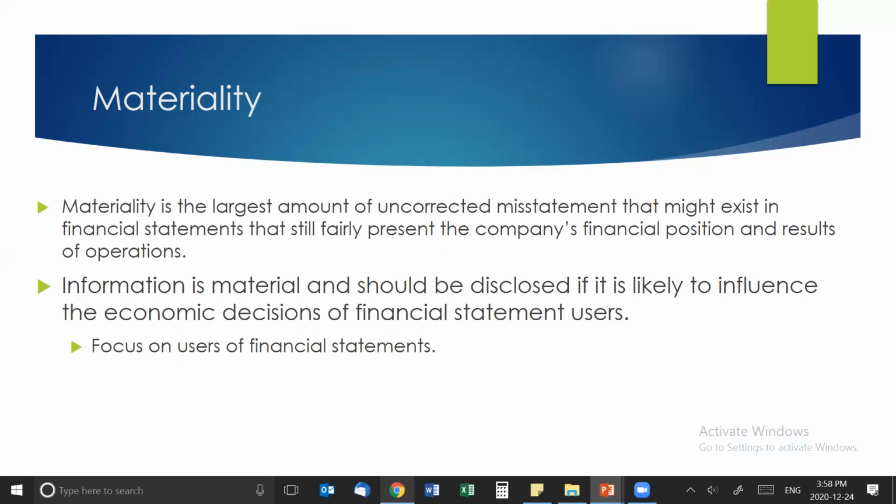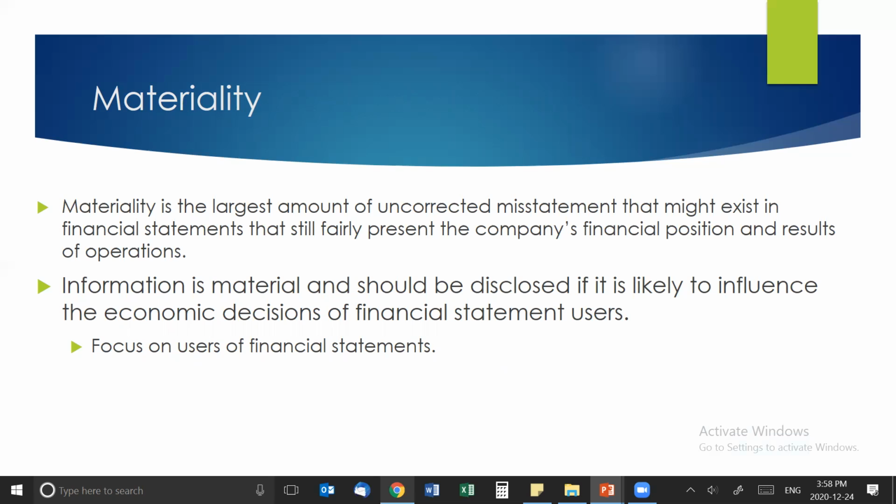If a number is material, then it affects the decisions of the users of the financial statements. If there was a $20,000 error in the financial statements, that might not affect the decisions of the users. But if there's a $150,000 error, that would affect the decisions of the financial statement users.